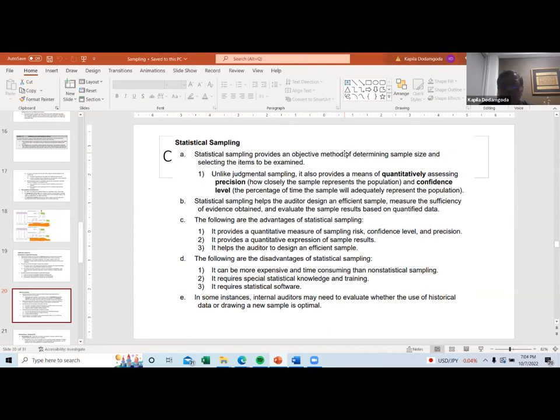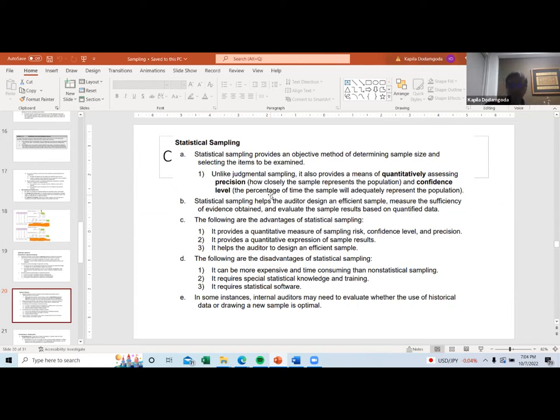Whoever does it is thinking along the same line, so it is more consistent. Unlike judgmental sampling, it also provides a means of quantitatively assessing the precision and confidence levels. This is the difference. Unlike judgmental sampling, you can make quantitative estimates.